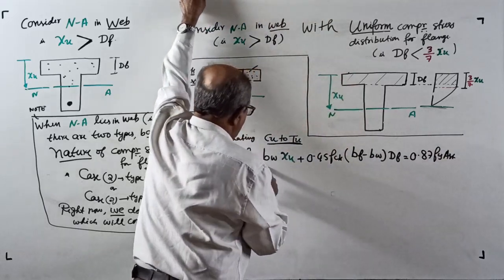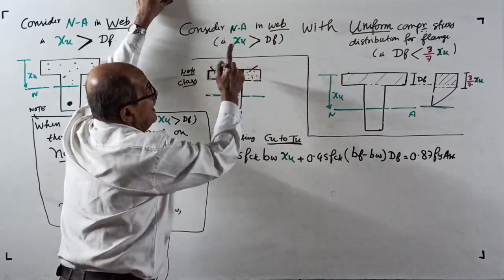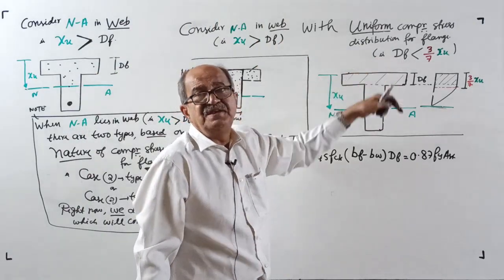This is the equation when the neutral axis lies in the web and the stress distribution for the flange is uniform.